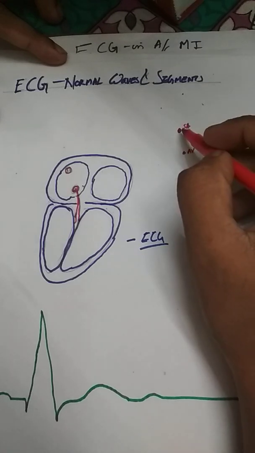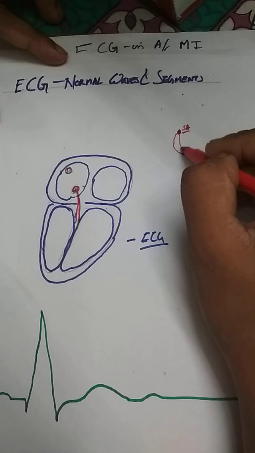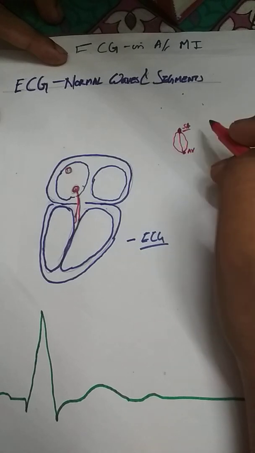From the SA node to the AV node, the electrical impulses are transmitted via three normal pathways: the anterior, middle and posterior.